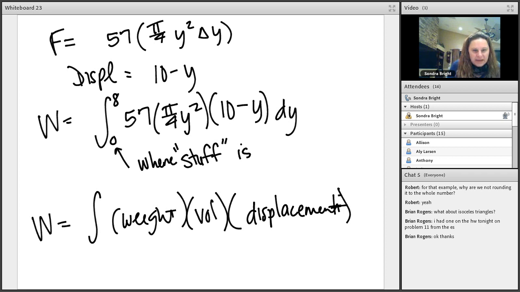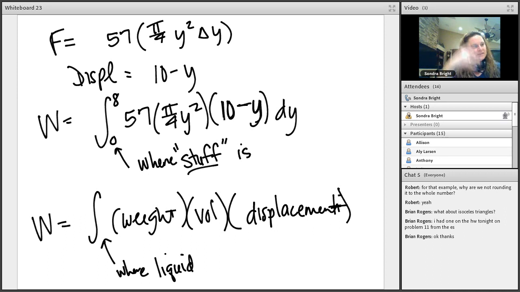And then keep in mind your limits of integration are where the stuff is, but in this case it was where the liquid was. It's just that it's not the whole thing. You're getting all the way up to the top by doing the 10 minus y part. That's that displacement. The stuff is actually where the limits of integration come in.